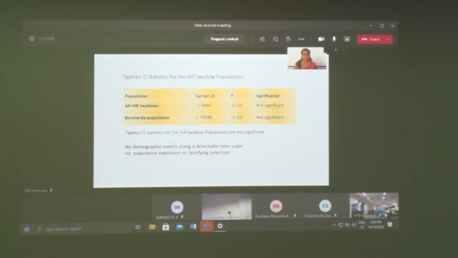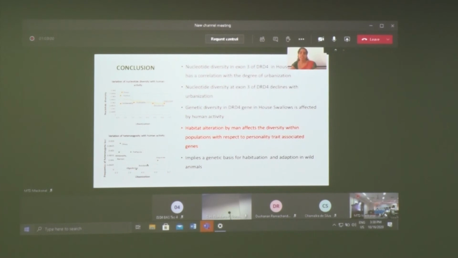In conclusion, the nucleotide diversity of exon 3 of DRD4 in house swallows has a correlation with the degree of urbanization of human activity. Nucleotide diversity and heterozygosity at the third exon decline along the gradient of human activity.